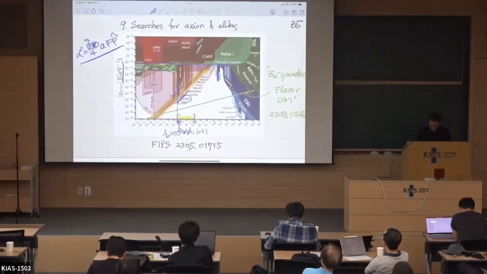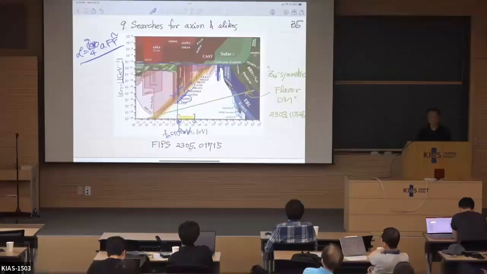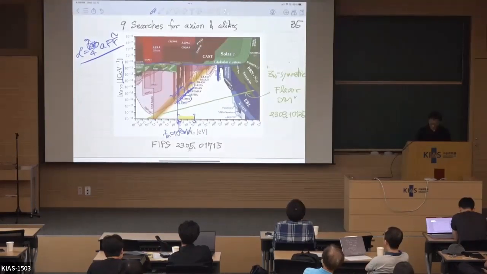And ADMX is probing this area, and the plan is to cover around here. But the higher mass region is hard to probe. There are many suggestions to probe this, but I'm not sure whether in the future we can reach down to this lower limit of DFSZ or KSVZ axion.